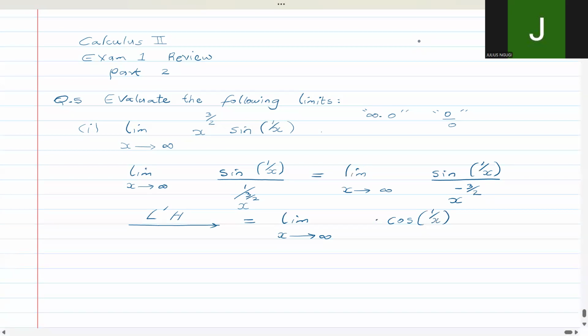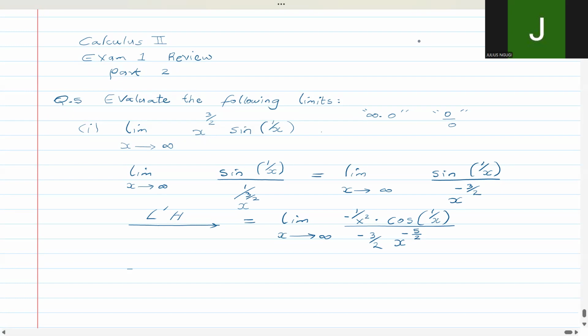Then you multiply by the derivative of the argument, which is minus 1 over x squared, using the quotient rule or the power rule on 1/x, which is x to the power minus 1. Then the derivative of the denominator will be minus 3/2 x to the power of minus 5/2, because you are subtracting 1 to get a new power. Now, minus and minus will cancel with each other.